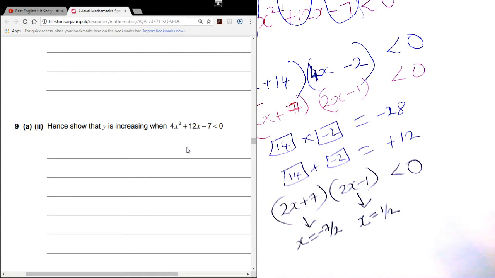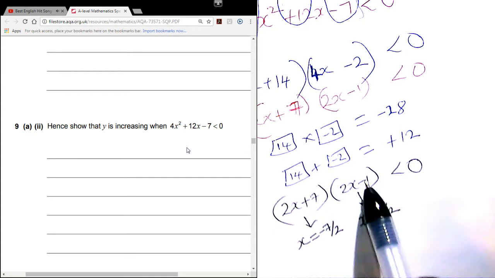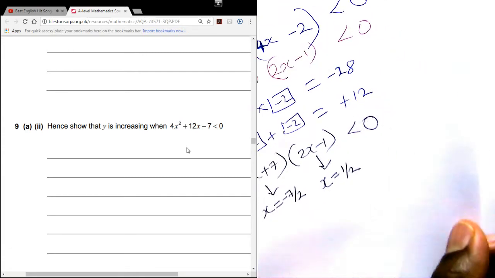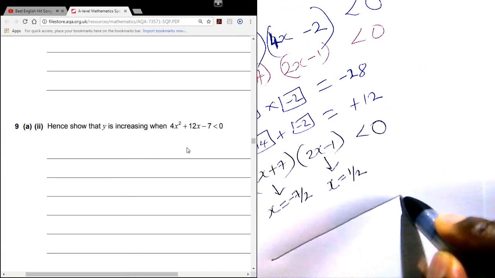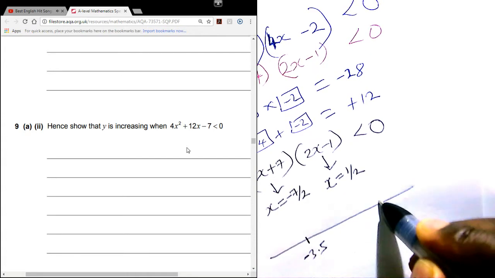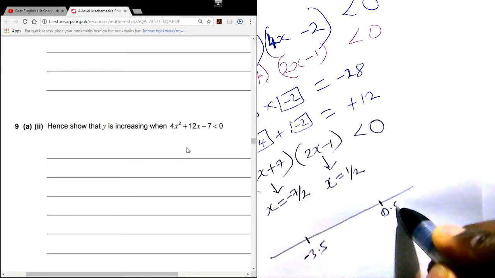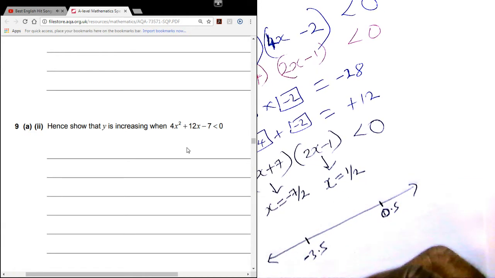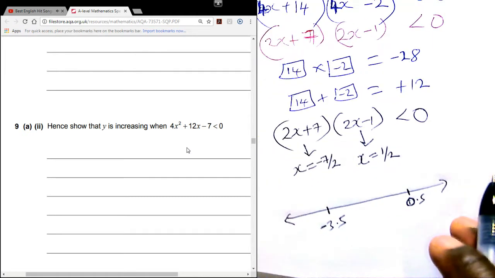But we're not saying that that's the solution to the problem. That's just what these factors represent. So we would now draw our number line and indicate those factors. So these are the factors we have indicated on the number line.